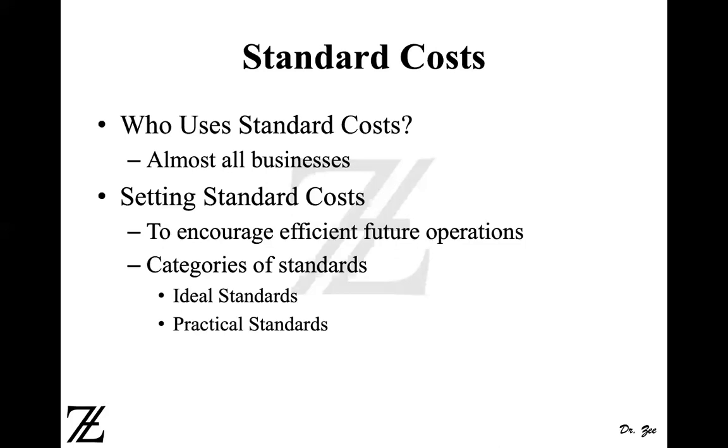So when you set ideal standards that are hard to achieve, this actually demotivates employees, and employees leave the job and don't perform on those standards. So it's good if you establish practical standards. Practical standards are the standards that can be achieved with some effort.